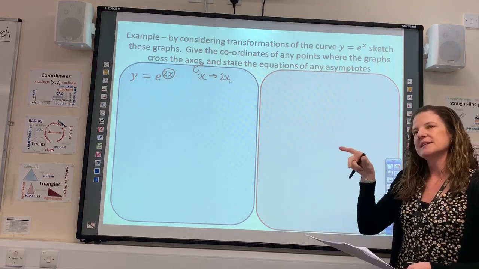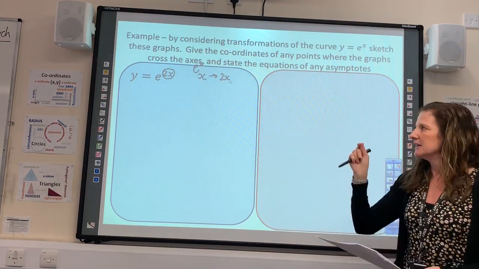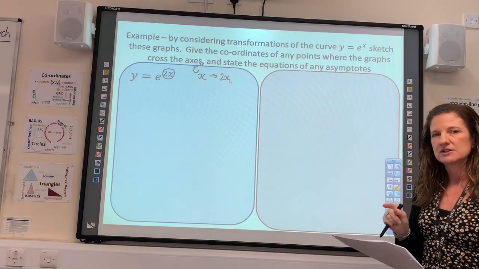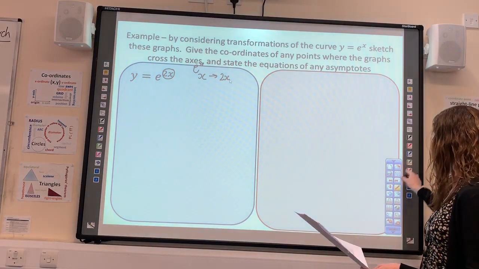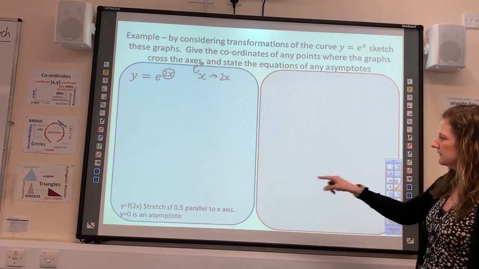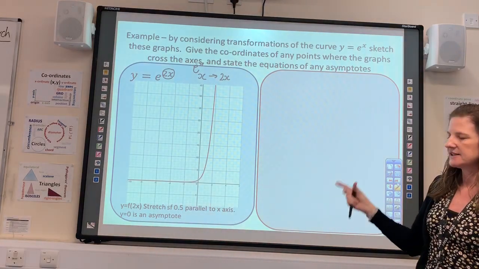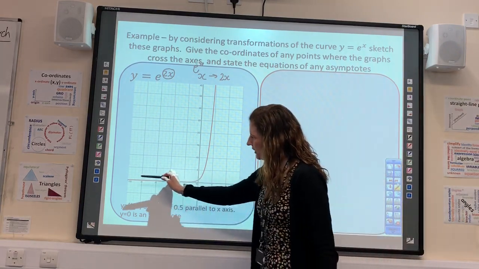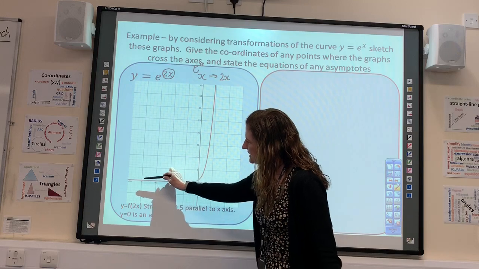But remember, when it's x replaced by something else, it's a little bit more complicated in that it's not a stretch scale factor 2, it's a stretch scale factor 1/2, or a half, okay? So if I was to draw it, this is what I would draw it like. I haven't really mentioned asymptotes actually, with your exponential graphs, that will tend to 0 here.